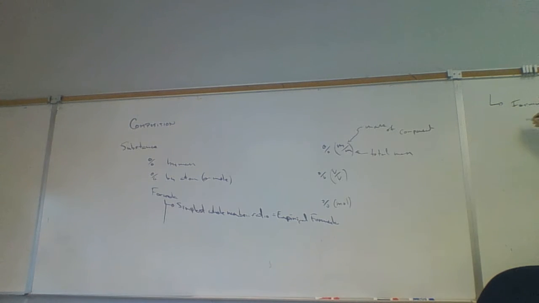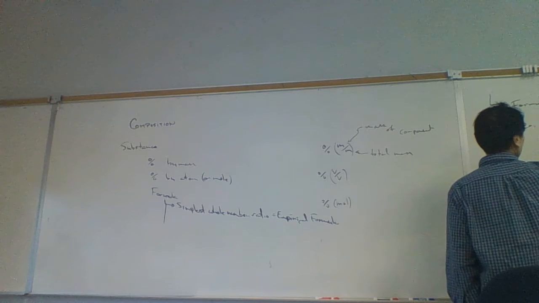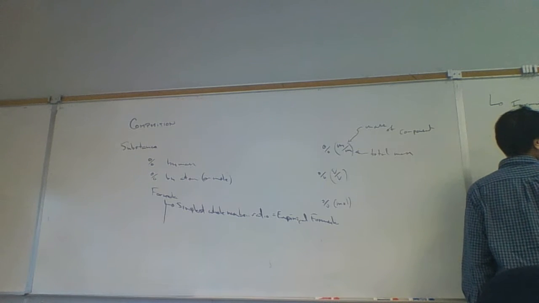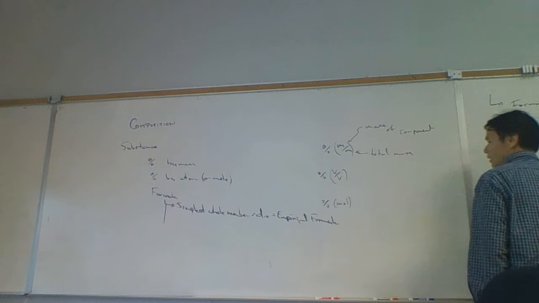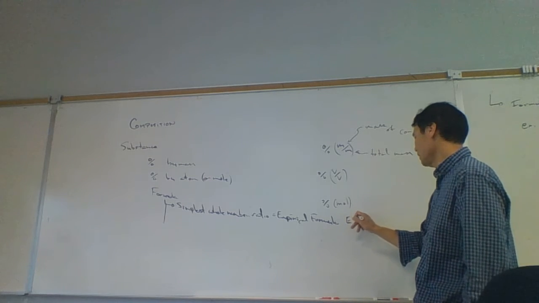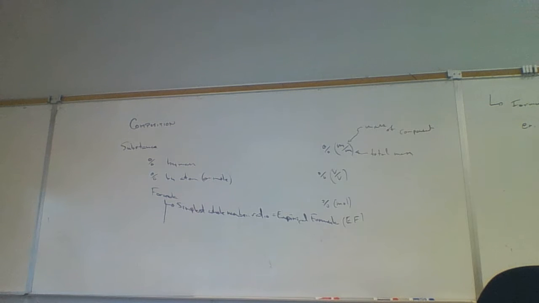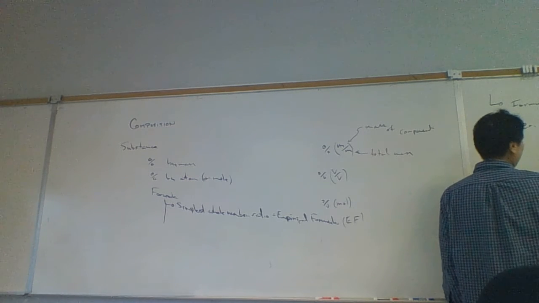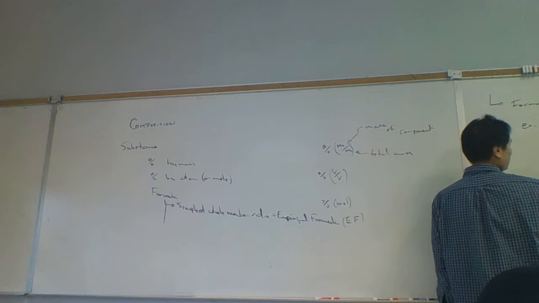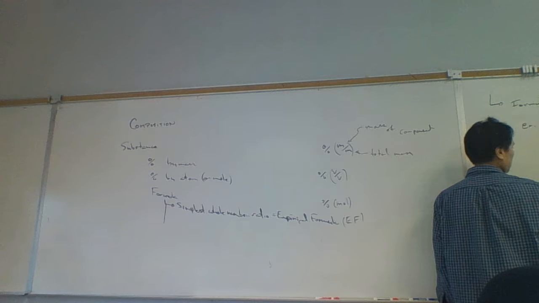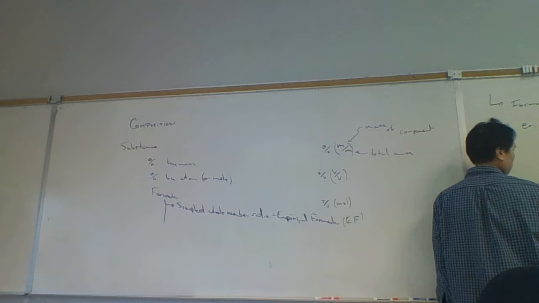And so the example here would just be like water, H2O. This is both the empirical formula and the molecular formula. It's called the empirical formula EF and the molecular formula MF. So we don't have to write that over again. However, for hydrogen peroxide, this is H2O2, it's hydrogen peroxide.